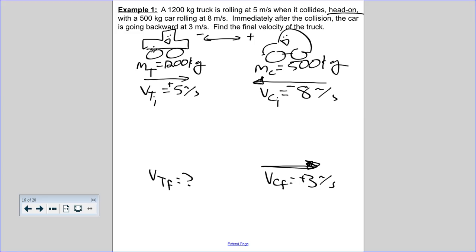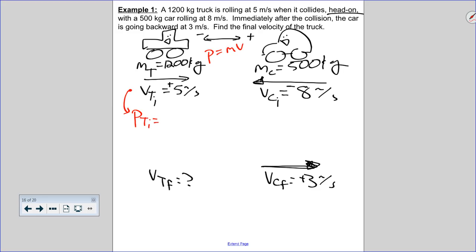All right, so the idea is each of these velocities corresponds to a momentum, right? Remember, momentum is mass times velocity, okay? So for each velocity, I'm going to find the corresponding momentum. So here's the velocity of the truck initially. That'll allow me to find the momentum of the truck initially.